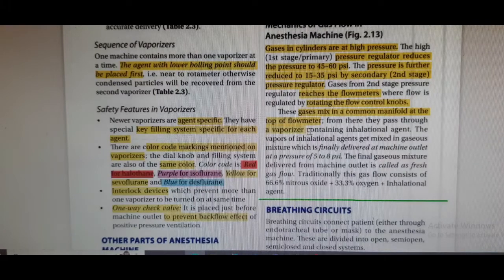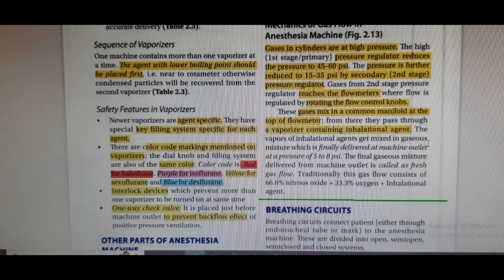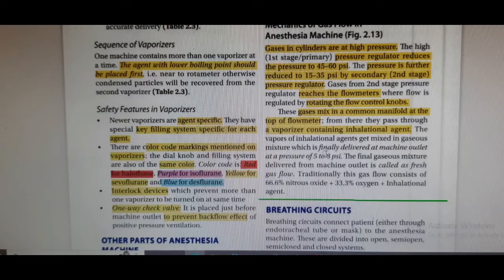from where they are passed through the vaporizer containing the inhalational agent. The vapors of inhalational agents get mixed into the gaseous mixture, which is finally delivered at the machine outlet at a pressure of 5 to 8 psi. The final gaseous mixture delivered from the machine outlet is called fresh gas flow.